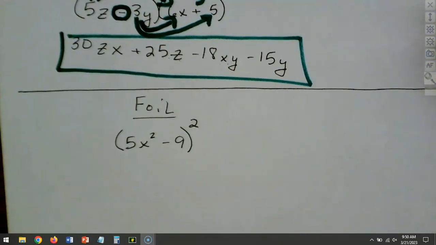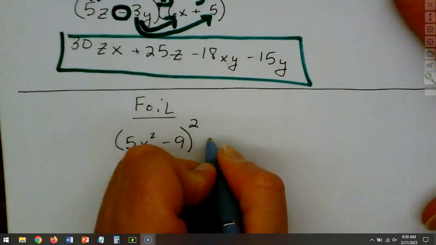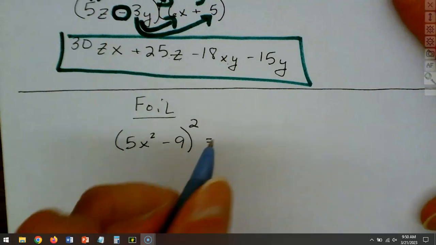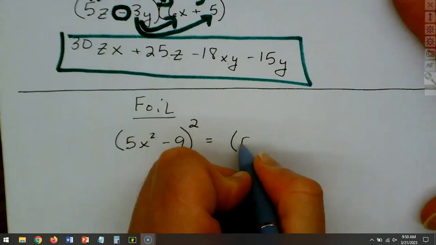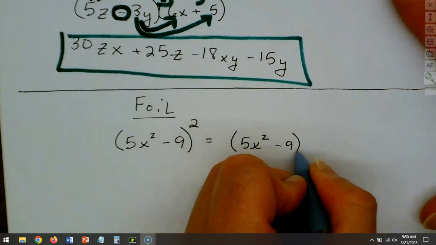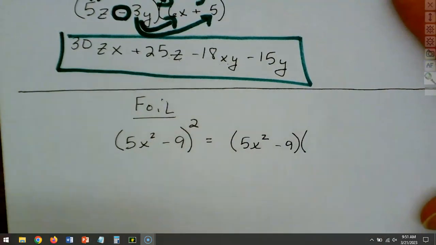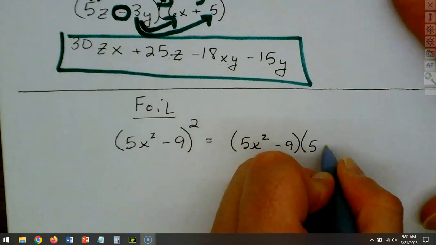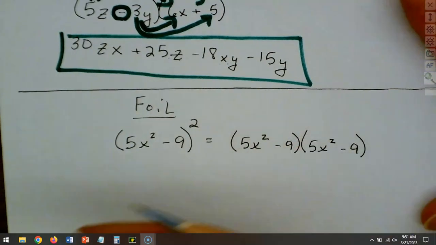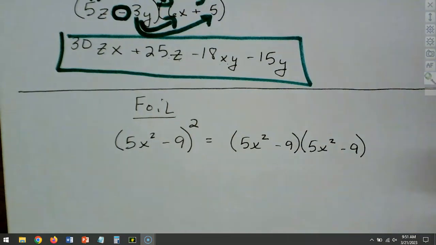And you cannot do that. Parentheses have to be done first. And this is a quantity squared, so what this actually means is there's two of them. Just like we did when we wrote out the numbers. When we squared a number, remember we wrote it out twice. Same concept here. Now we're going to write this out twice, just like that. Okay, so write it out twice, and now what do we do?